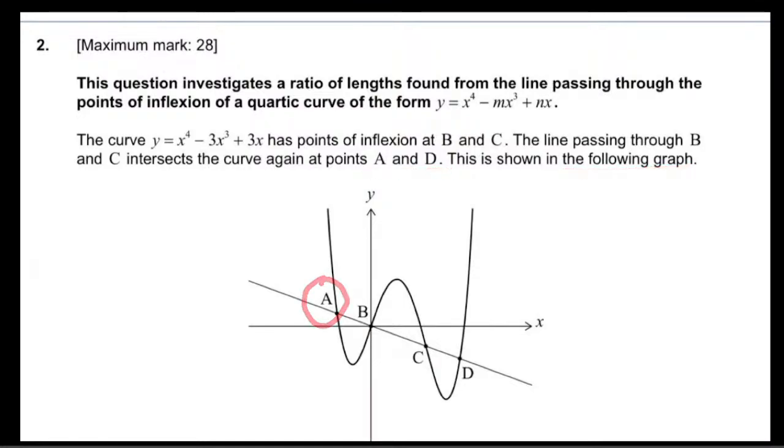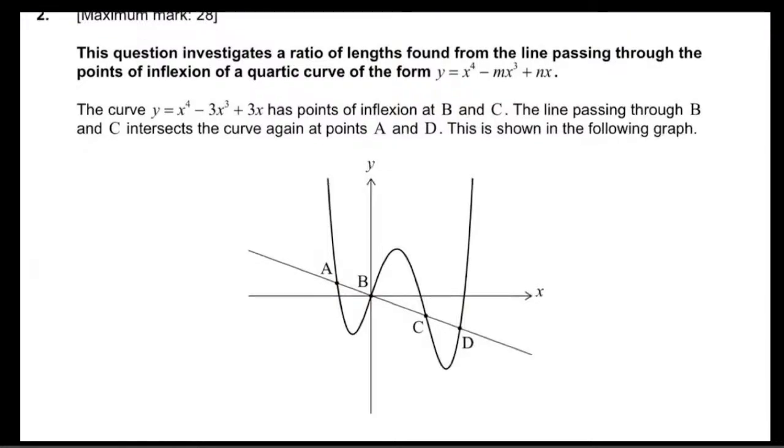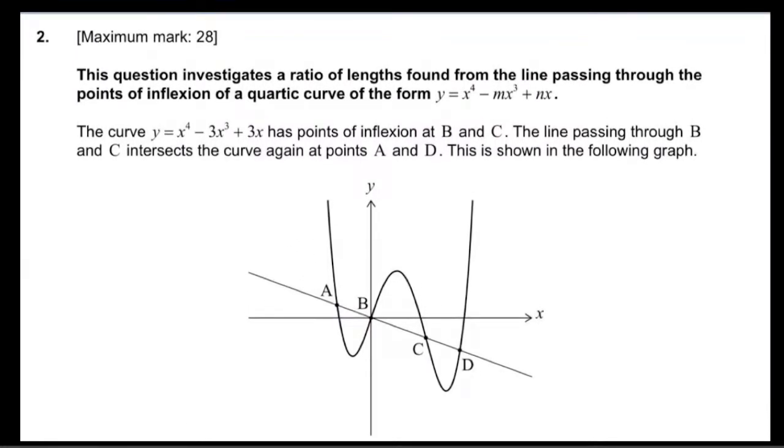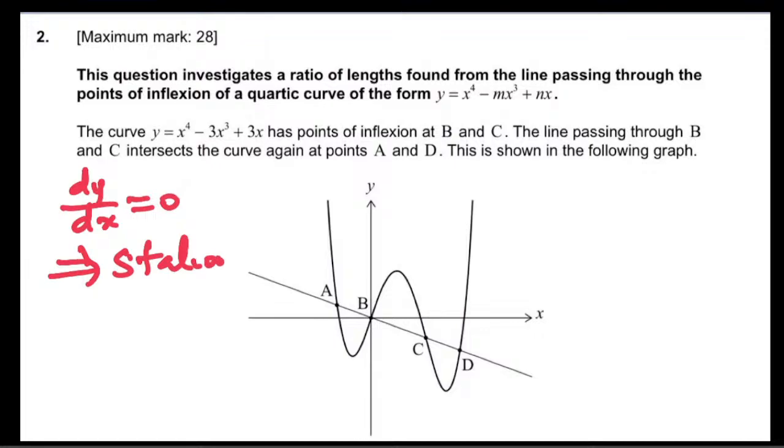See, A and D also are the points which are on the line passing through the points of inflection B and C. Now let me tell you something about points of inflection. See, when you find dy by dx and take it equal to 0, this gives you the stationary points, or turning points, right?